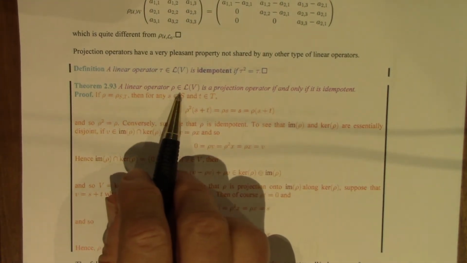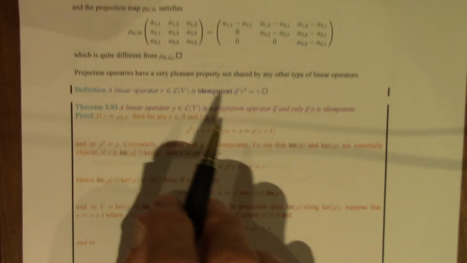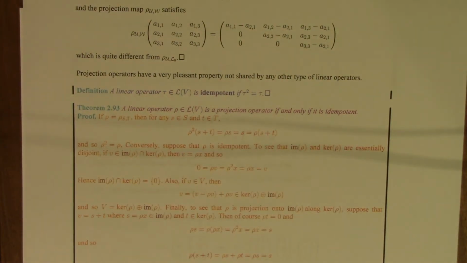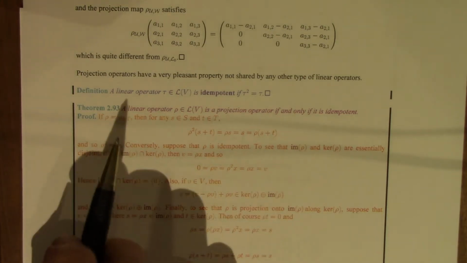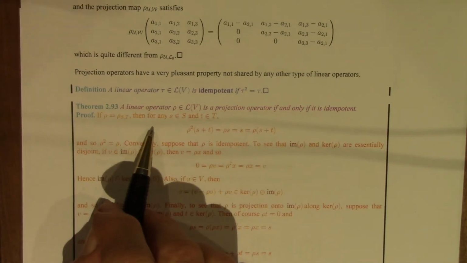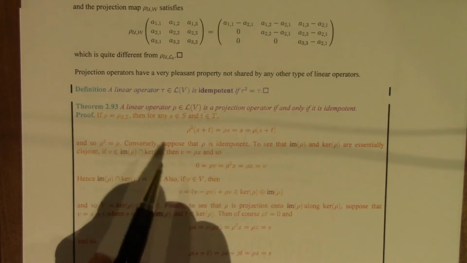A linear operator rho on V is a projection operator if and only if it is idempotent. So idempotence actually characterizes the projection operators.